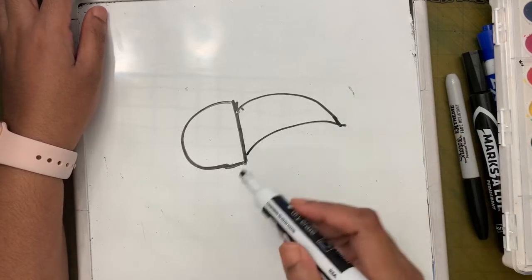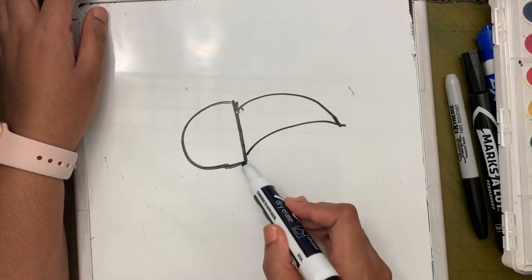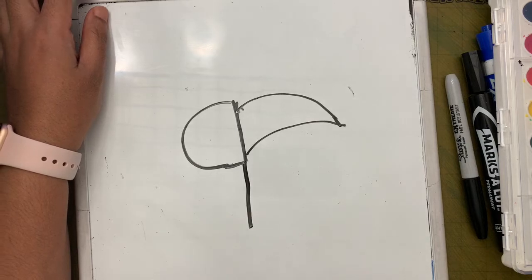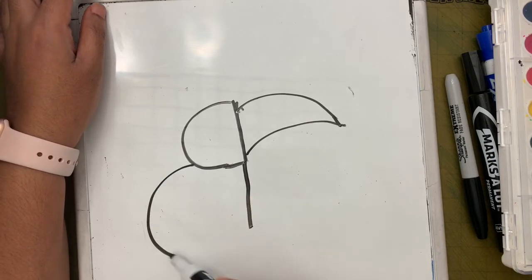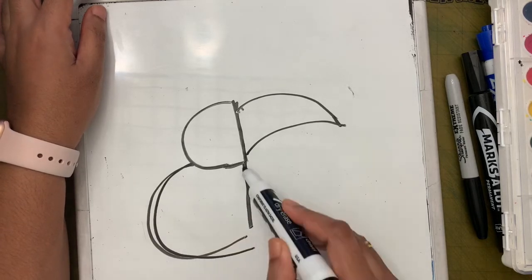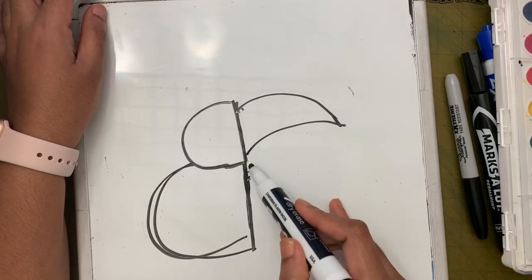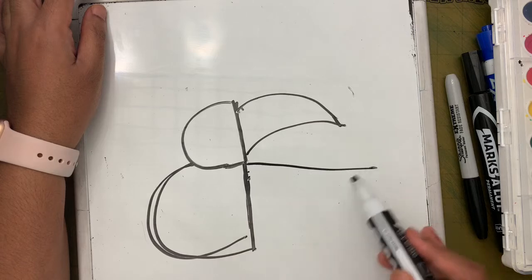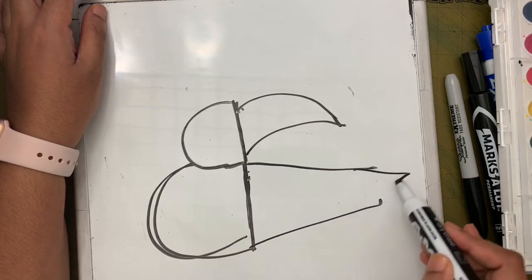Okay. Then that is the head. And he made a line downwards, like that. Okay. And then you make a triangle like this.